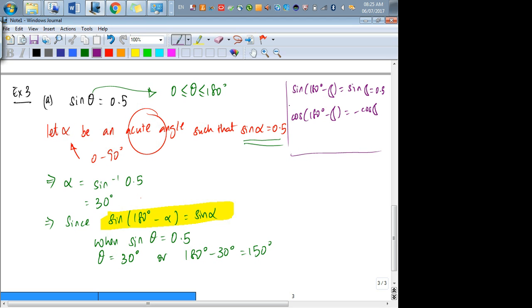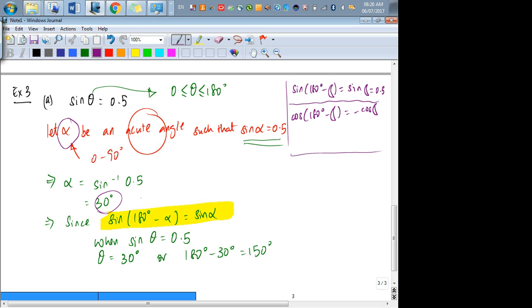And that is why we need to use this formula. We need to consider the two cases. So we create our own angle called alpha first. We let it be the acute angle such that sine alpha is 0.5. We solve it as per normal. We get alpha is equals to 30 degrees. So that is one of our angle already.